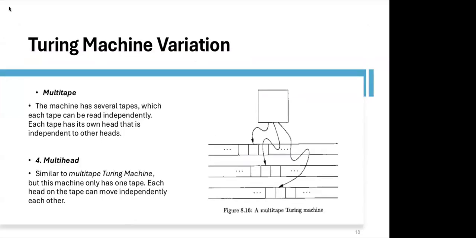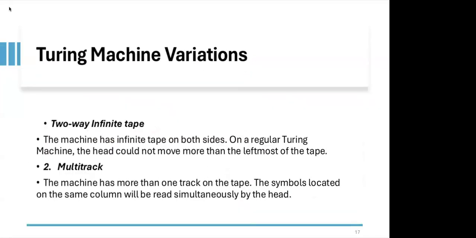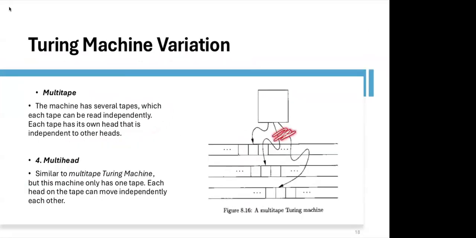For multi-tape, in the multi-tape Turing machine, the machine has several tapes, and each tape can be read independently. Each tape has its own head, and it is independent of the other heads. For example, we have three tapes here, and for each tape we have one head, whereas in multi-track we only have one head that reads everything in the same column.